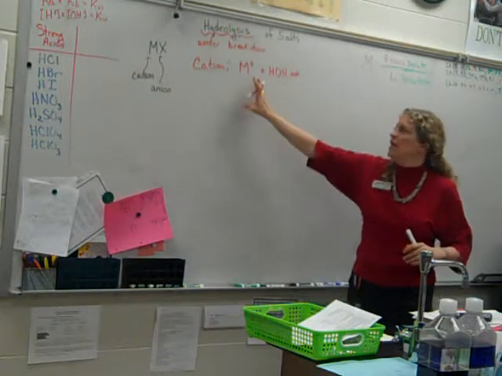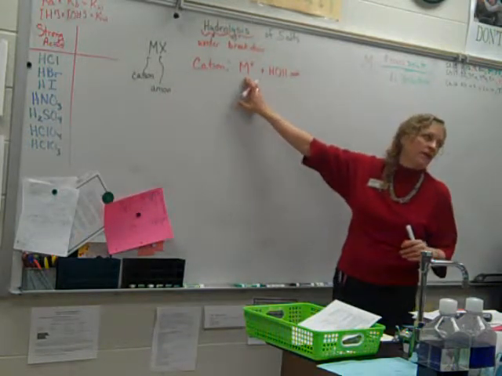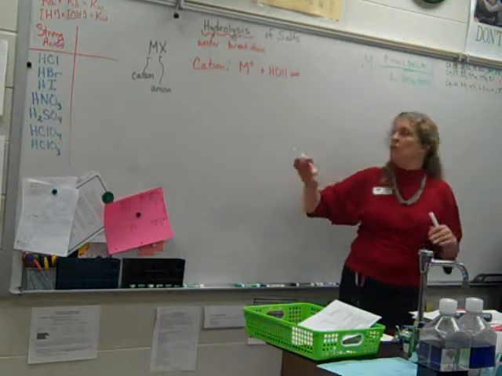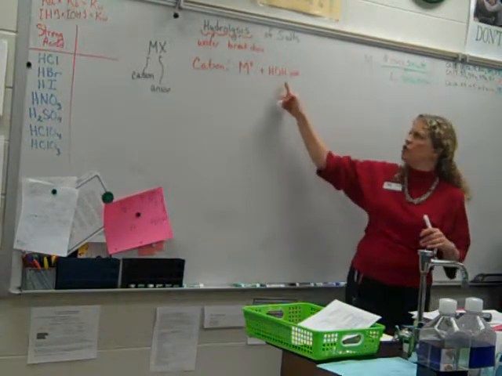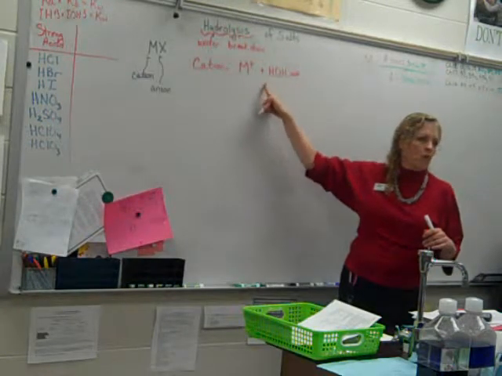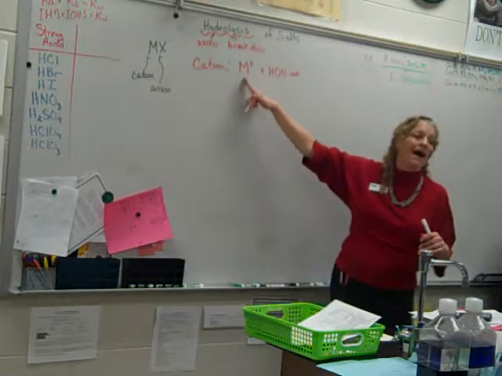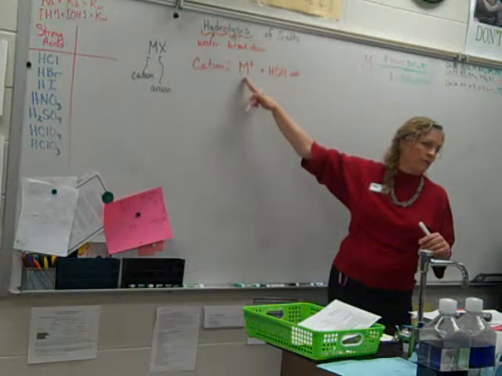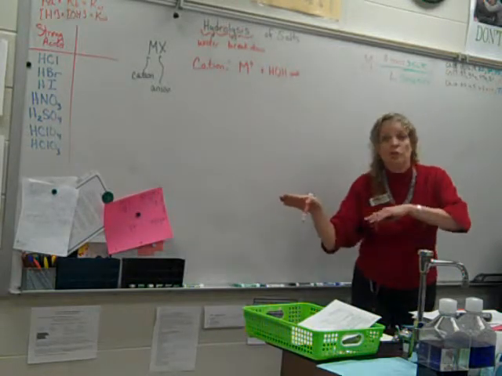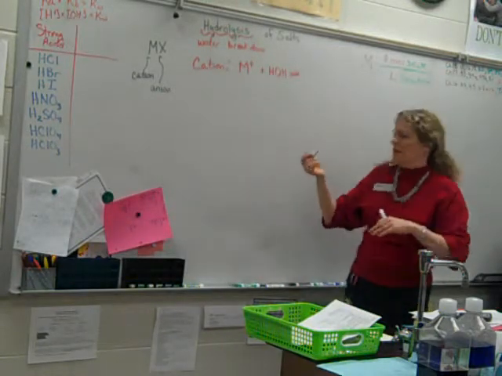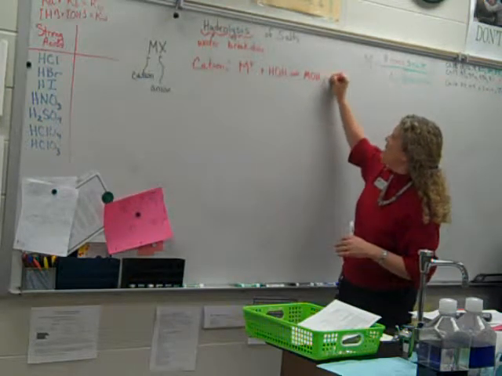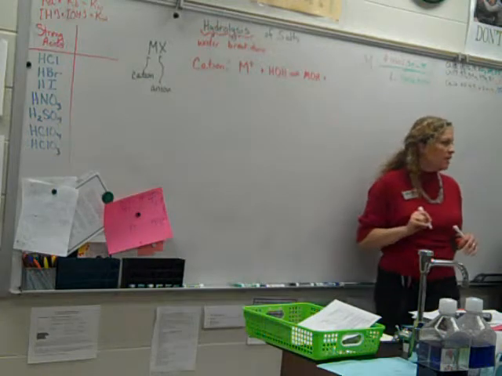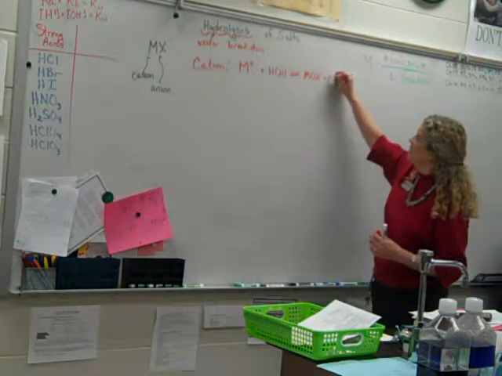Okay? So if a cation is powerful enough to break down water, which part of the water will be attracted to the positive cation? The OH, because the OH is negative. So it would form MOH and leave what else as a product? H positive.